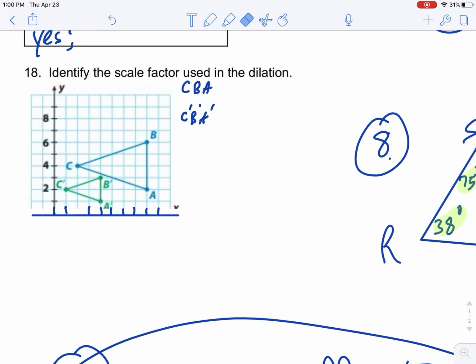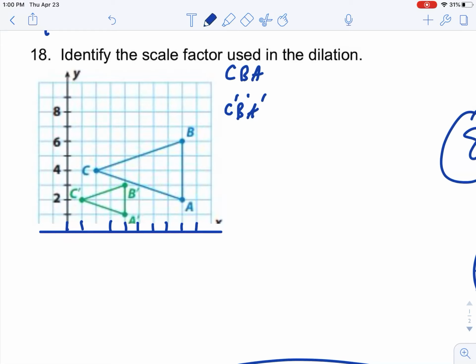So yes, these are dilations. Actually, I'm saying that backwards, because you have to think of before and after. This side is half as big as that side. The scale factor, SF for scale factor, would be 1/2.